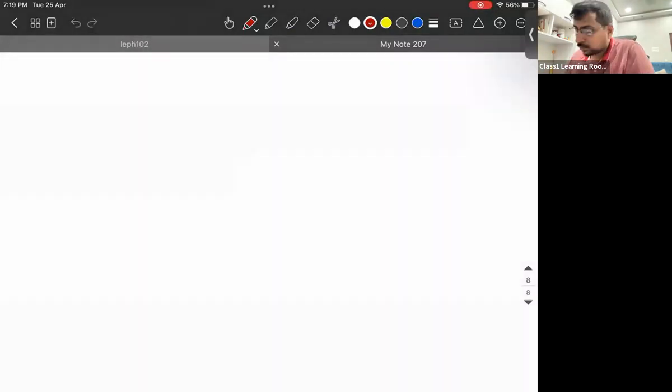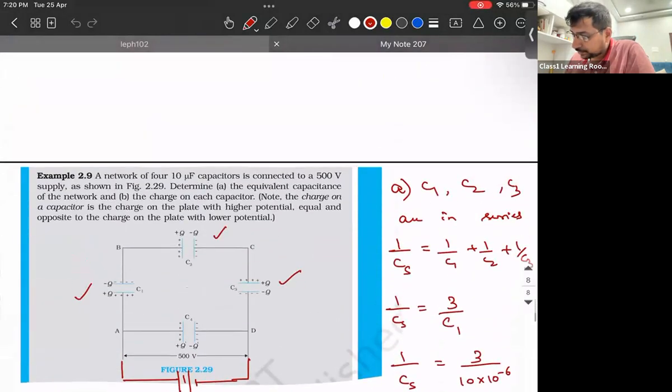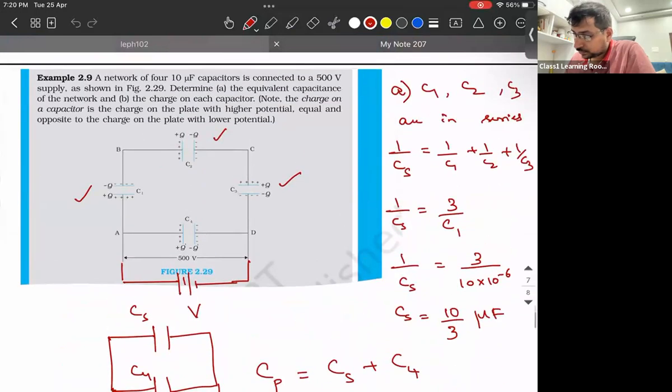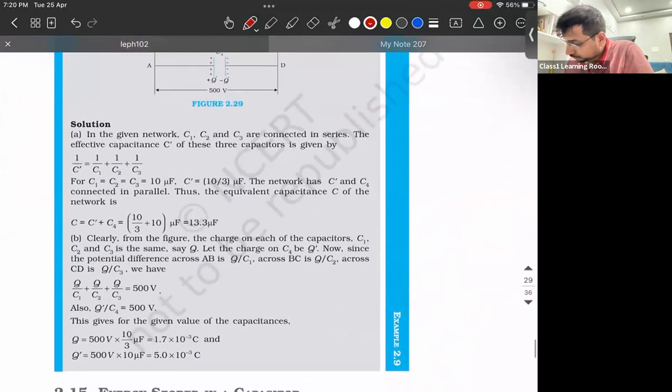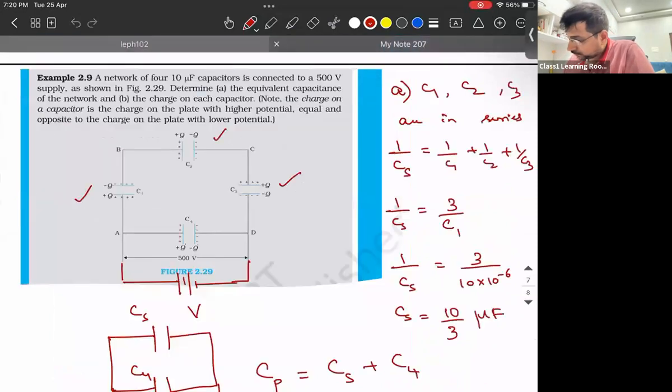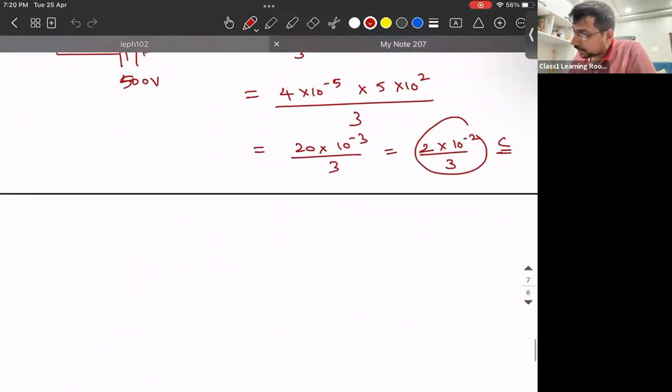Now our job is to find the charge on each capacitor. What is the total charge supplied by the battery?